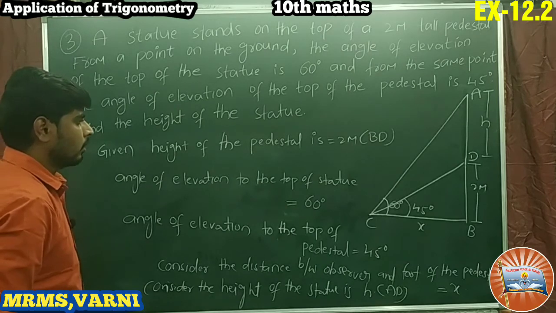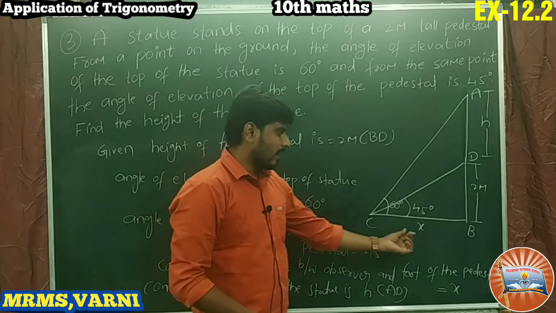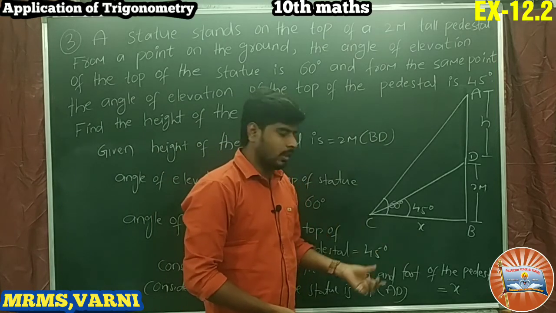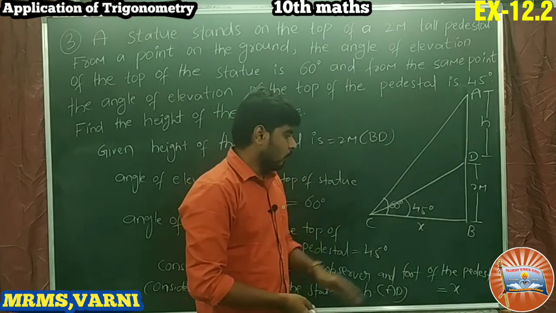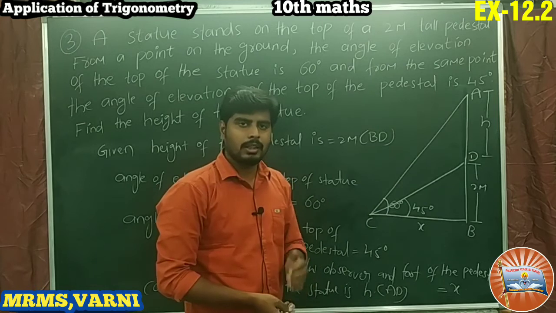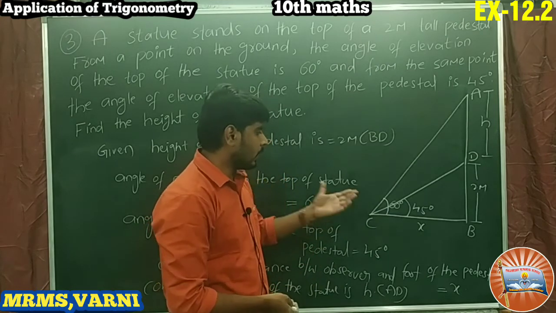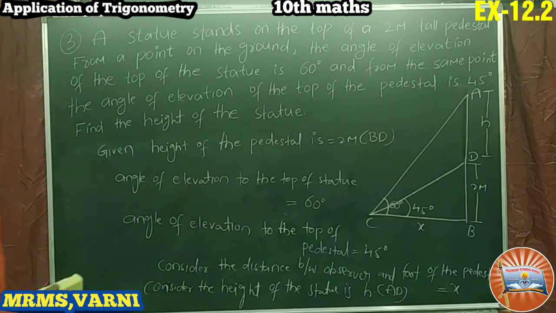So with that given information I am going to find this x value first. x is nothing but the distance between the observer and the foot of the pedestal. To find that I am going to use the tan ratio. Instead of tan we can take cot also, but I am taking tan here.